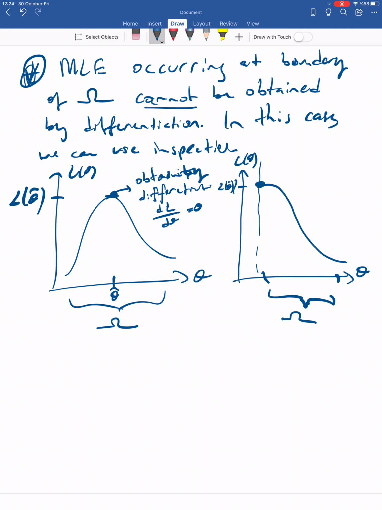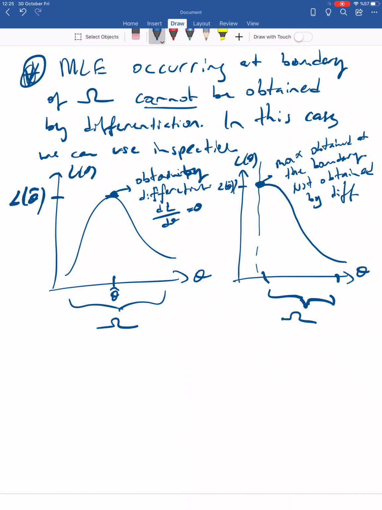Here the maximum is obtained at the boundary, so we cannot obtain it by the derivative method. Okay, so we will see the methods basically.